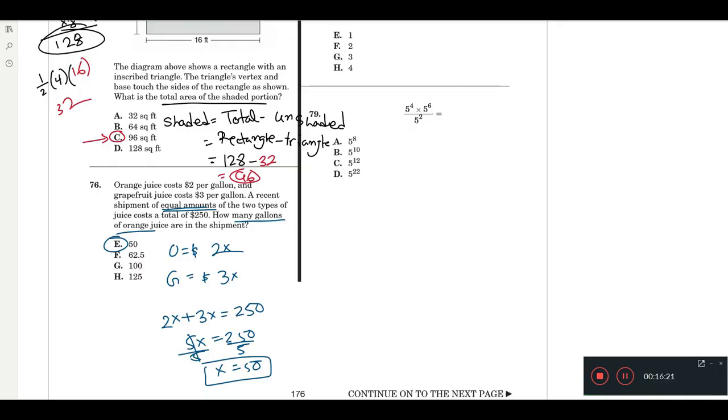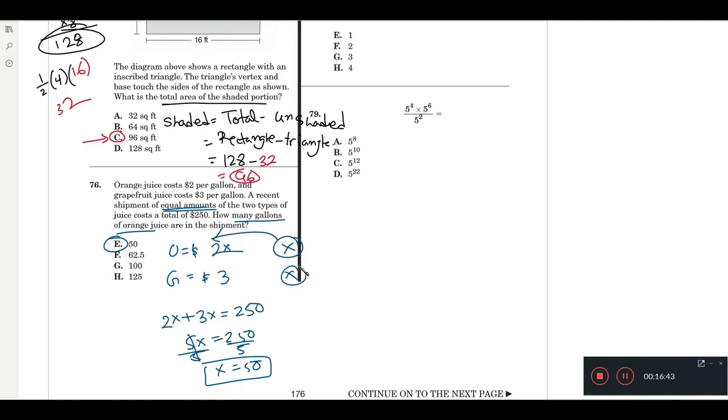Look, let me explain this. What x represents here, you have to understand. They said they got the equal amount of shipment, meaning equal amount of gallons. But we don't know how many gallons of orange and how many gallons of grapefruit juice. So we assume X gallons of orange and X gallons of grapefruit. Now, X gallons of orange will cost how much? 2x.